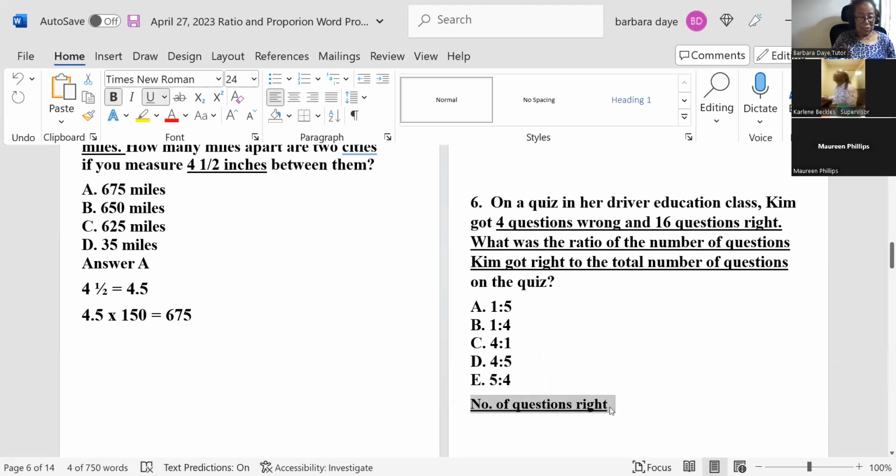Because that's what they ask you. So it was 20 questions. Number of questions right over total number of questions. That's the ratio you're looking for.